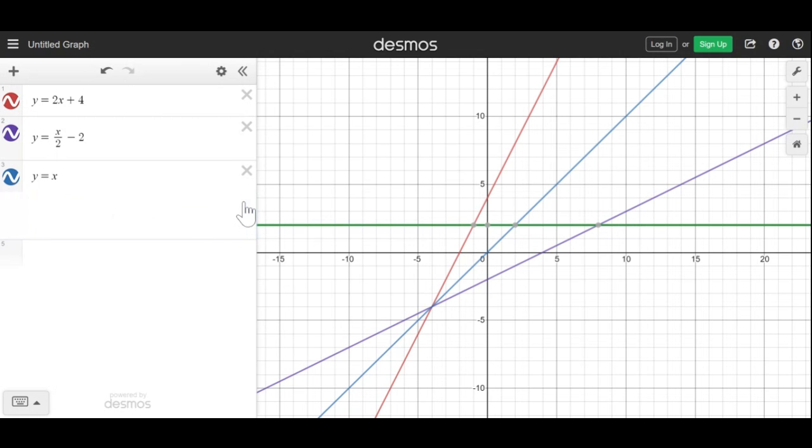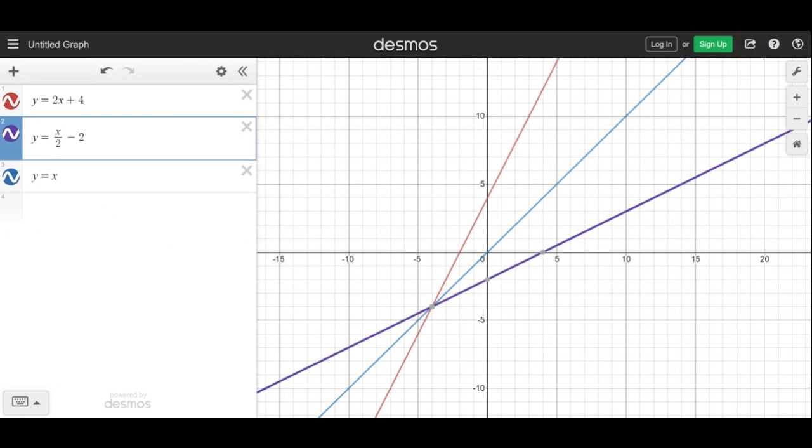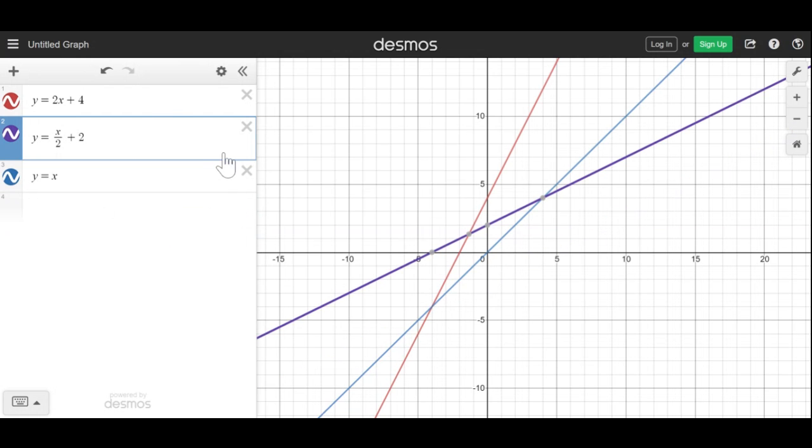So for example, let's say I have to change my second function as plus 2 here. Purple line here, as you can see, there's no common intersection now between the y is equal to x and the two functions. So it means that these two functions, y is equal to 2x plus 4 and y is equal to x over 2 plus 2, are not inverses to each other.